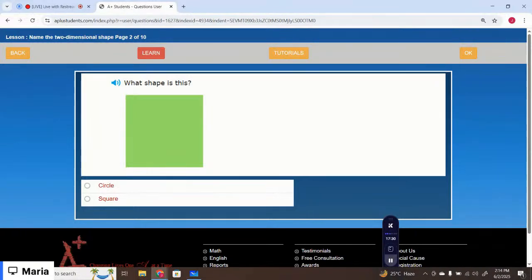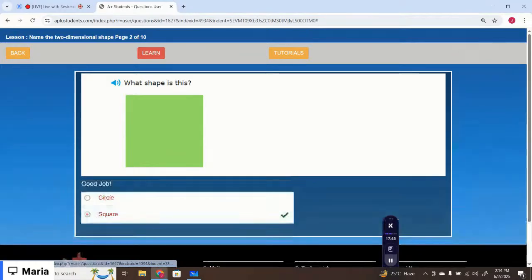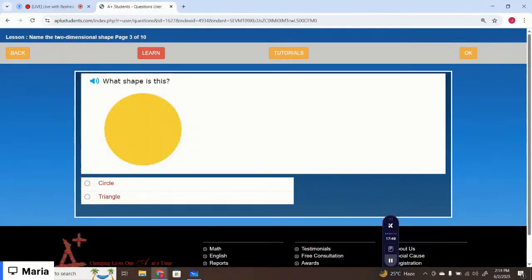What shape is this? Which is the correct option? Yes, square it is. That is a four-sided shape. All sides are exactly equal in measurement, so that is a square. Option is the correct option.